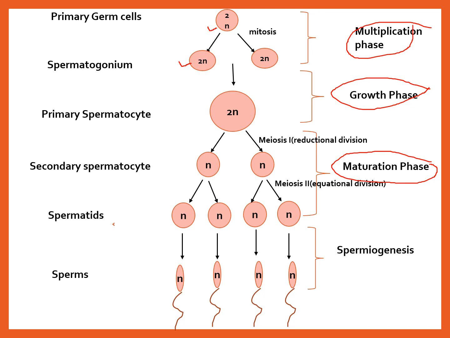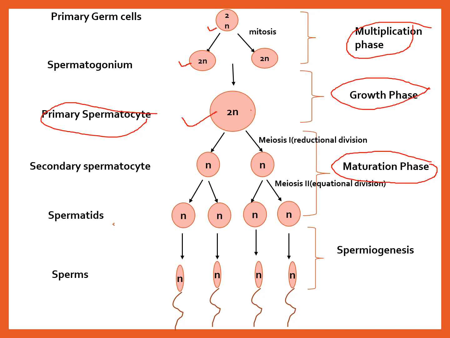Some of these spermatogonial cells will go to the growth phase, that is, they start growing in size and form the primary spermatocyte, which still has 2n chromosomes.